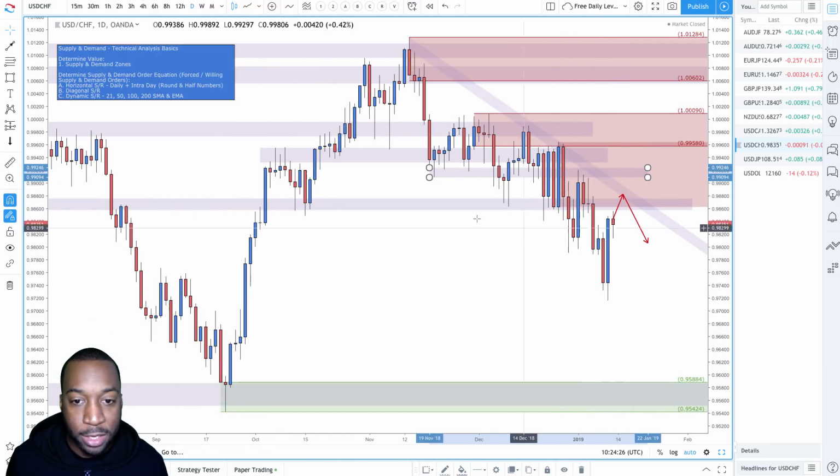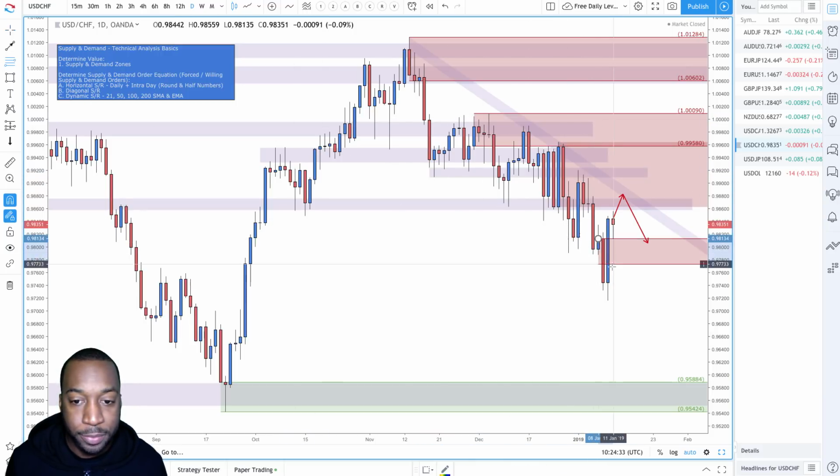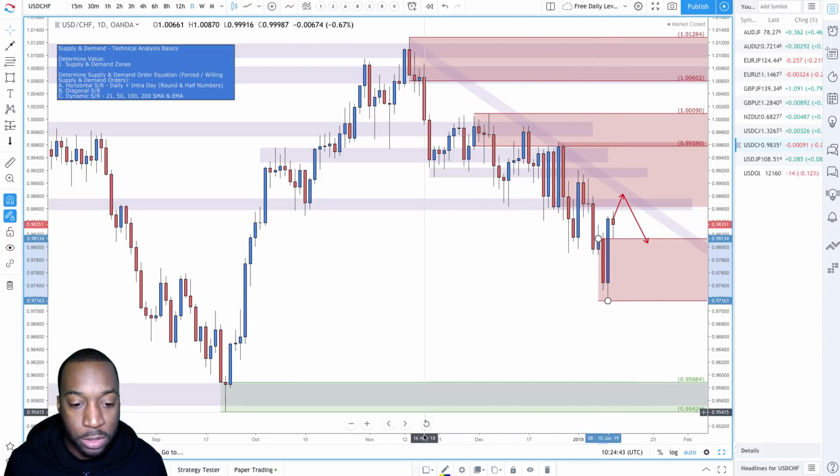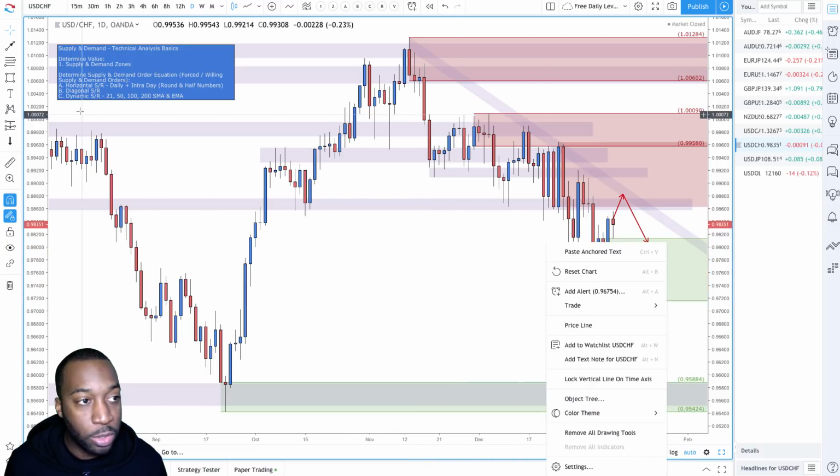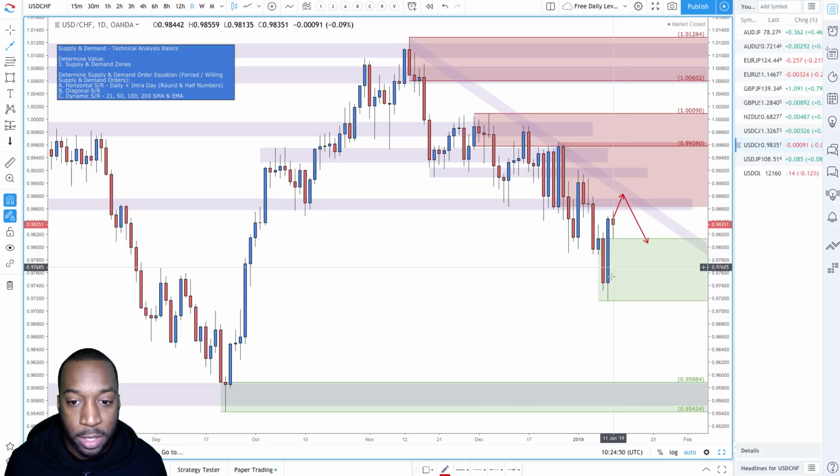From demand, again, we really haven't created any new demand, even though there is potentially demand right here. It's because it hasn't really made a higher high, right? If it starts making a higher high, then this becomes an area of demand that I would be interested in buying the dollar, right? So that would make its higher high.